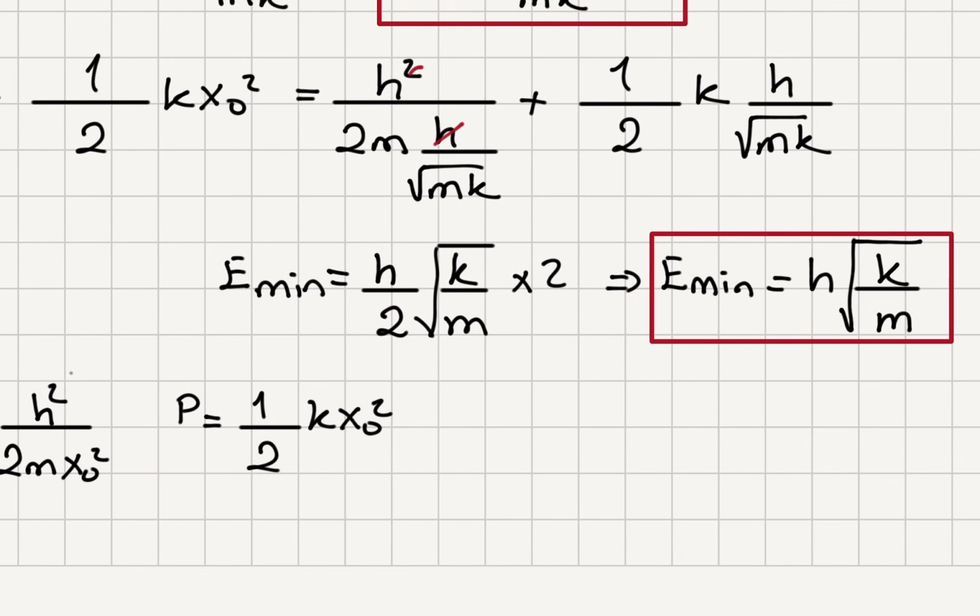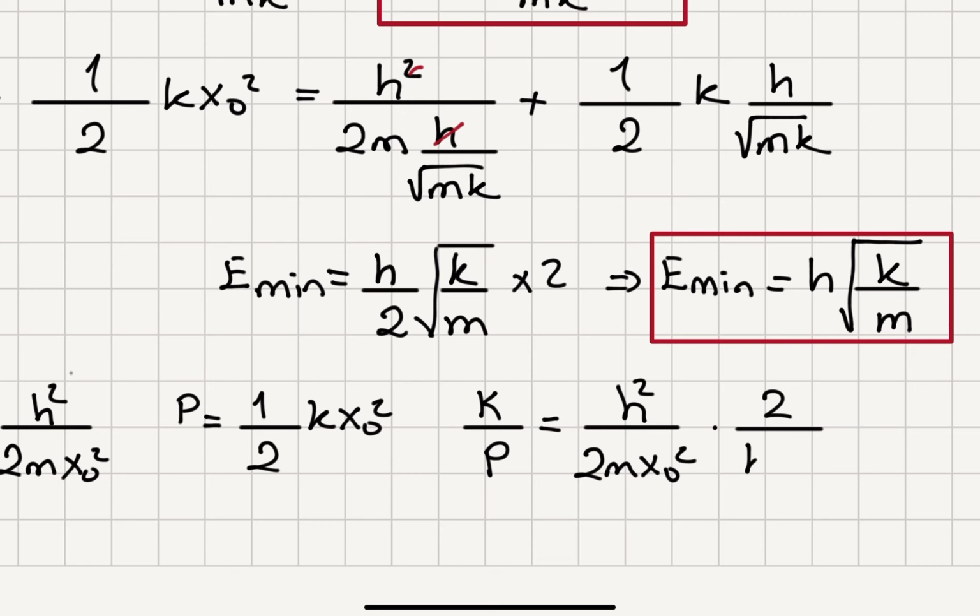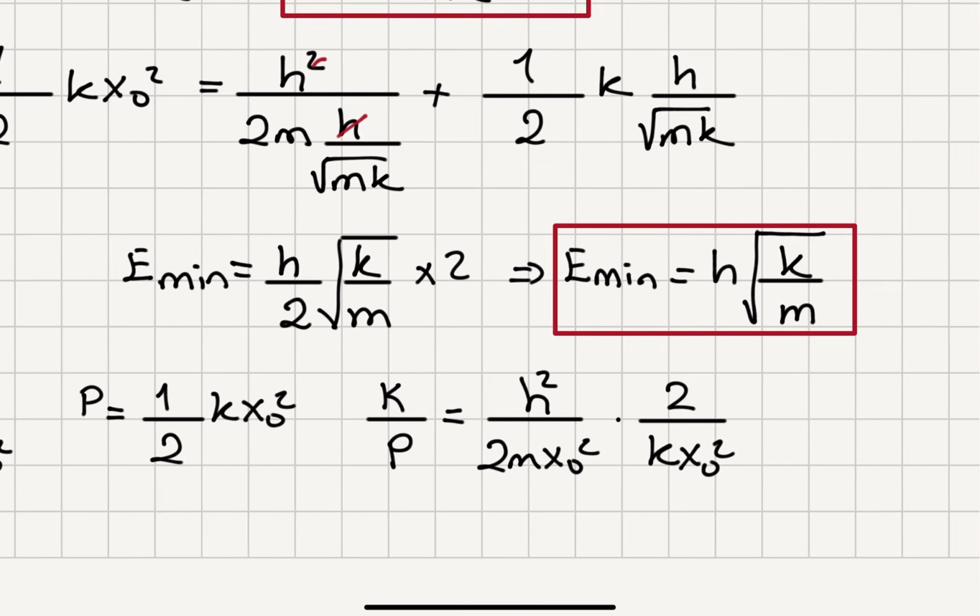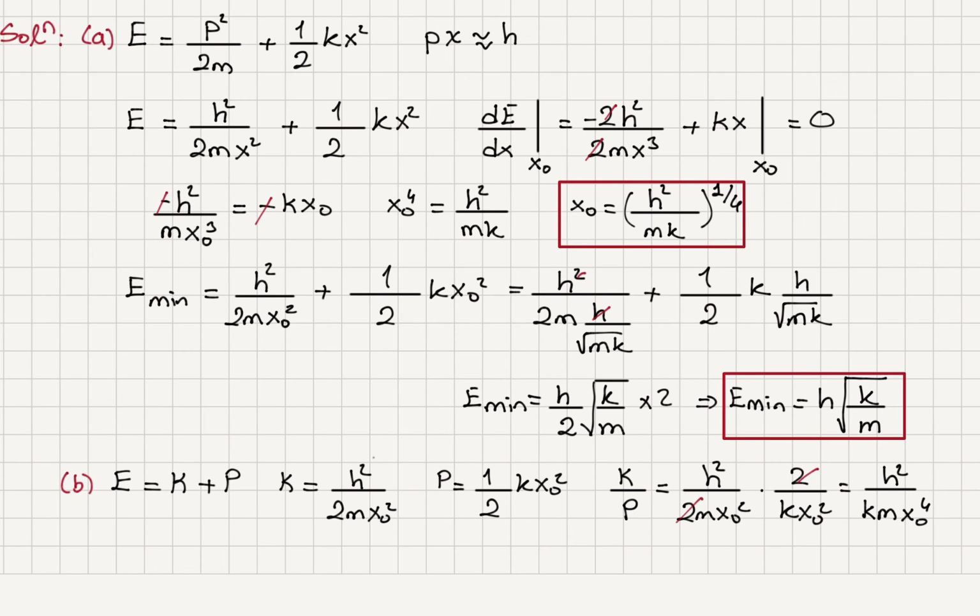When we take the ratio of kinetic to potential, we have h²/2mx0² divided by 1/2 kx0², which is h² divided by kmx0⁴, after the cancellation of the 2's. Now, x0⁴ is equal to h²/mk.